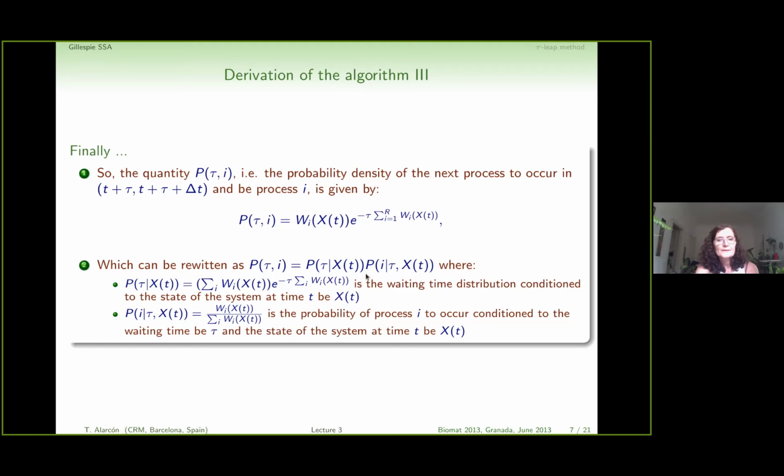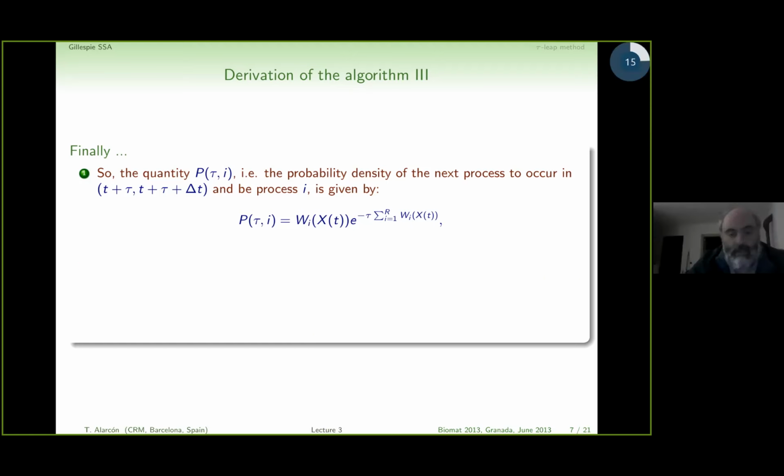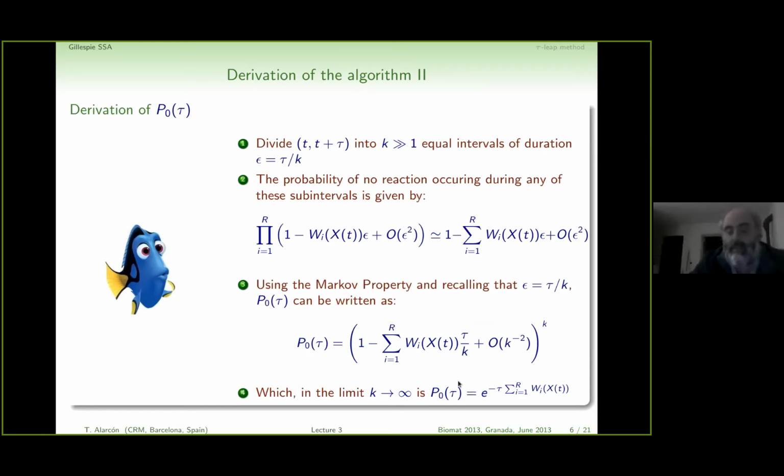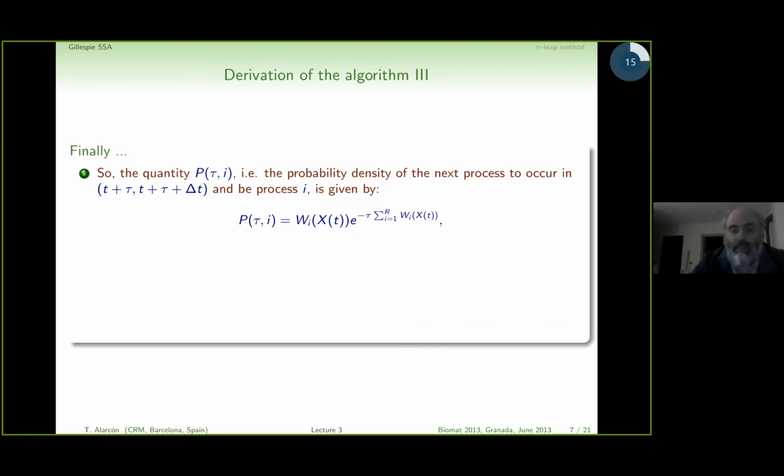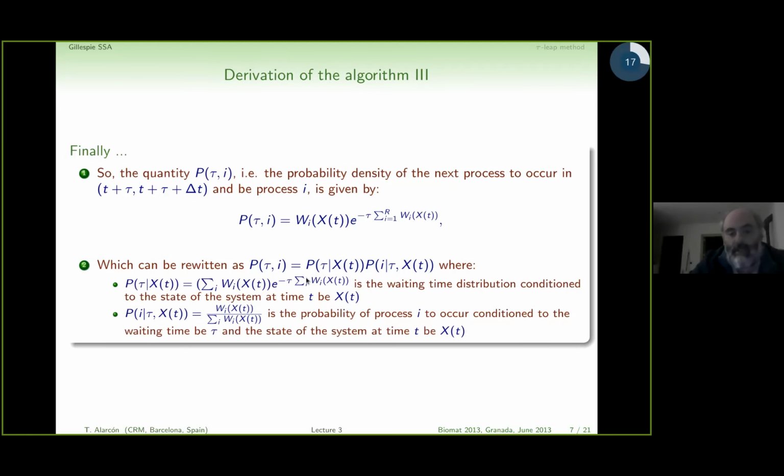The problem with this thing is that it is not normalized to 1. So we are calling this a probability, but we shouldn't, because it's not normalized. By writing it in this way, this is a proper probability now, because if you integrate tau from 0 to plus infinity, this gives you 1. This is why we do this: just to write this as the product of two things that are probabilities. Thank you.